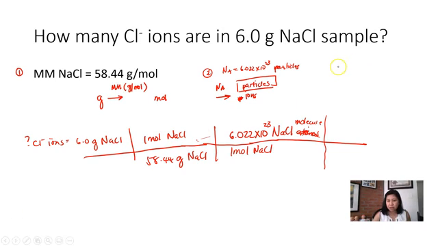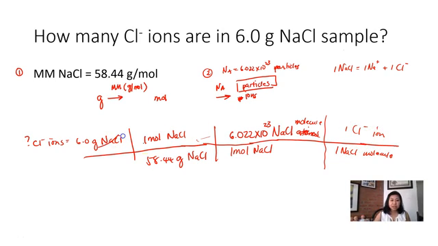Sorry, I'm just making it complicated to you guys, but let's see. 1 sodium chloride molecule contains 1 sodium ion and 1 chloride ion. Okay, so you're just looking at the fraction of it. So 1 sodium chloride molecule actually contains 1 chloride ion. Okay, so from here you'll be able to cancel everything out, and what you're left with is your individual ions.